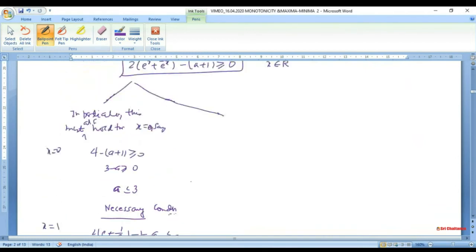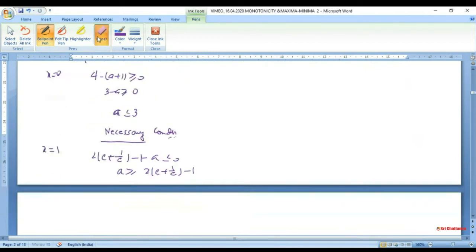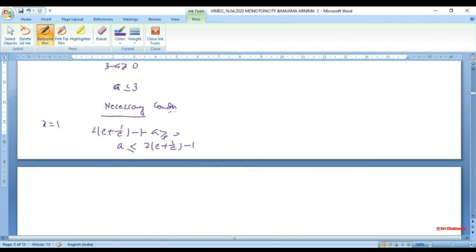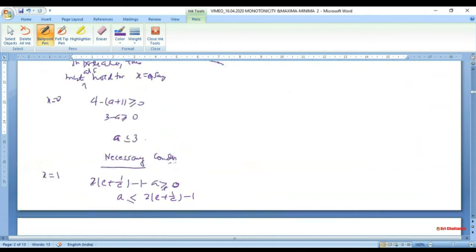We want greater than or equal to 0, so this sign is in fact the other way around, and so all these signs must be turned. So you want a ≤ this, and you will find that this bound is a better bound than this one. Better means this is larger than this one. What that tells you is that it is in fact true for all, but we want the set of all values. So all we know is that this is a necessary condition.